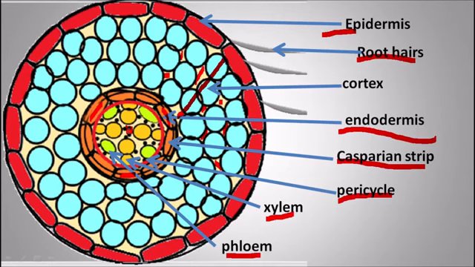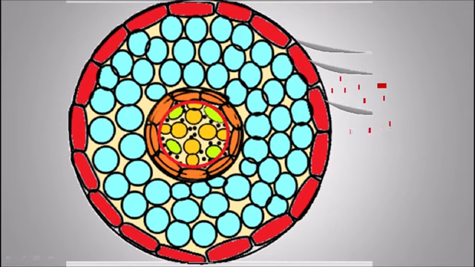Now let's see how water is transported inside the vascular bundle of the root through the apoplastic pathway. Water will be absorbed by the root hairs because the water potential outside the root, in the soil, is high, and the water potential in the root hair is less.